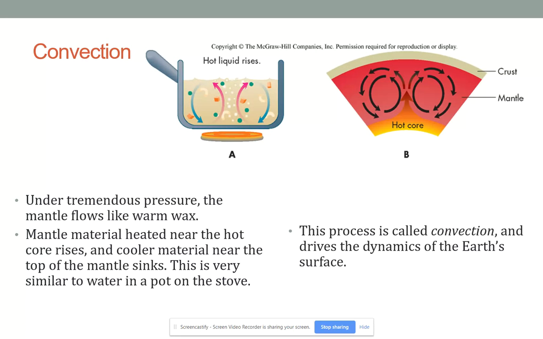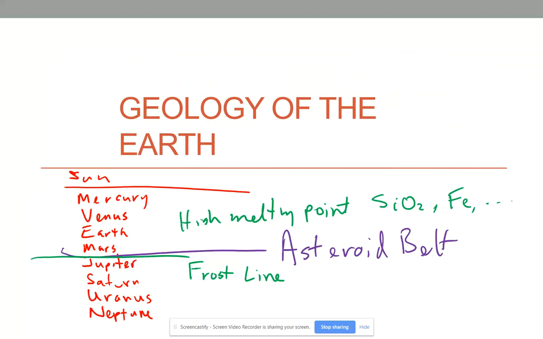Beyond the frost line, anything could stick together. So what does that mean? You have the same type of material spread out everywhere, but beyond the frost line, you can capture everything. Inside, you can't. Hence, the amount of material you can capture for a planet outside of the frost line is much more material. So they're going to grow more rapidly.